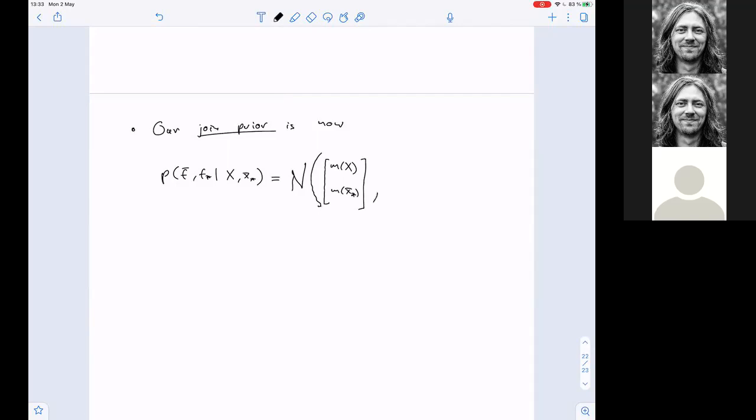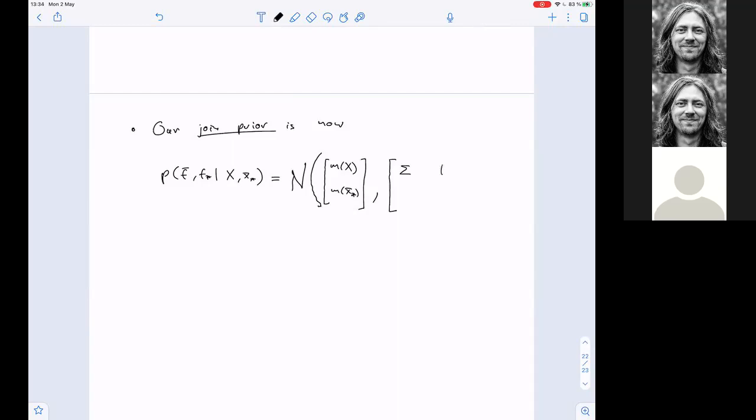So that was the mean vector, and then we need a covariance matrix. And this big covariance matrix is n plus 1 times n plus 1. But we'll write this as, first of all, in the upper left corner an n times n matrix, which is the covariance matrix of all your training points.